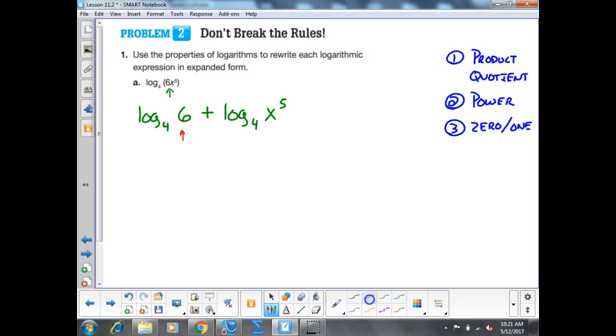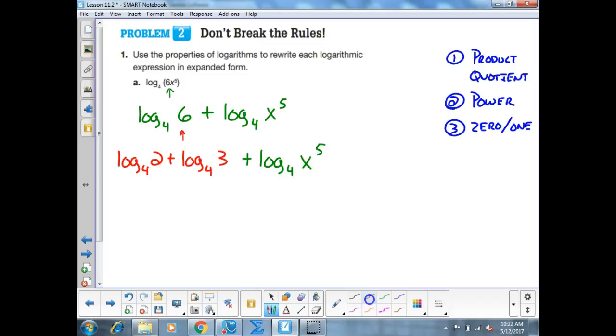So this would become log base 4 of 2 plus log base 4 of 3. And I keep doing that process until all I have is prime numbers. It's kind of like when we were prime factorizing for simplifying radicals. You keep going until you get a prime number. So then this becomes plus log base 4 of x to the 5th.